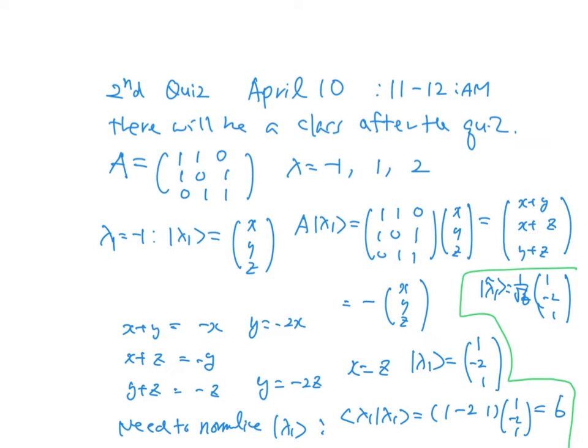Lambda 2 is 1. The right thing, x plus y. Right? So we can say lambda 2 as again x, y, z.